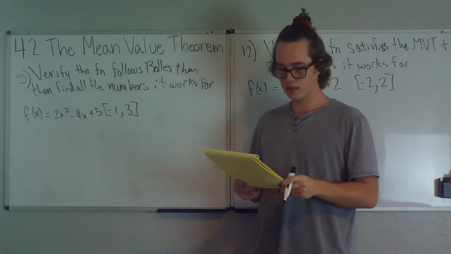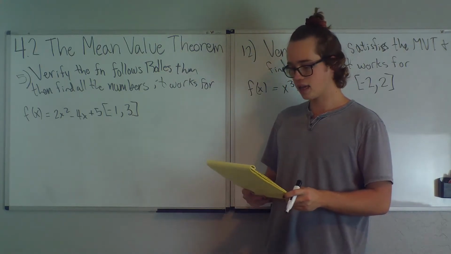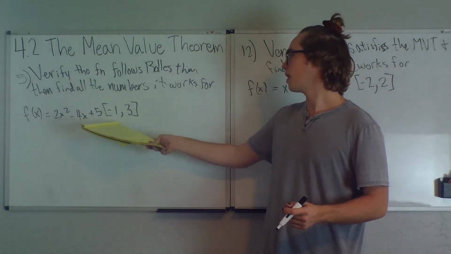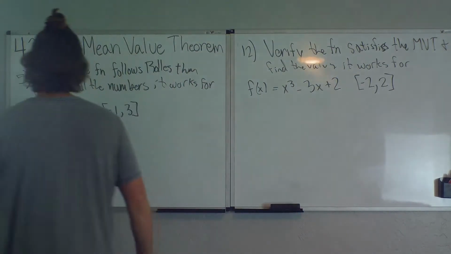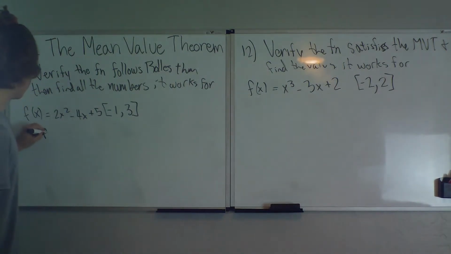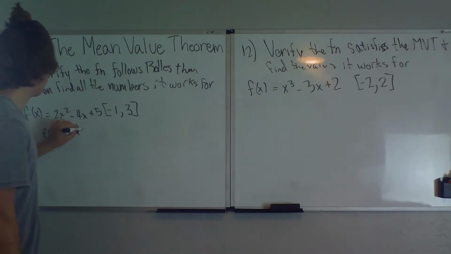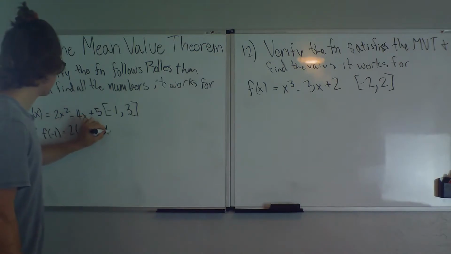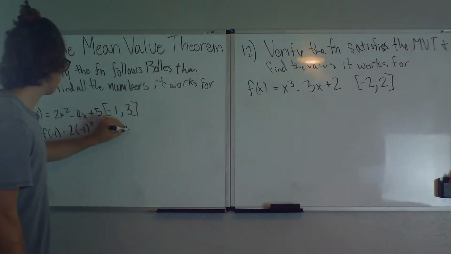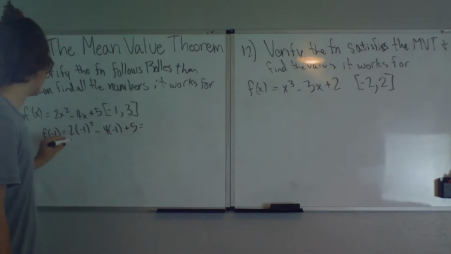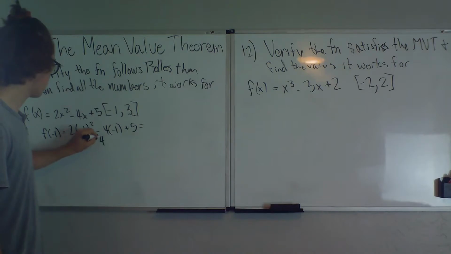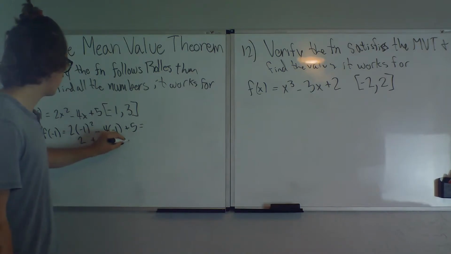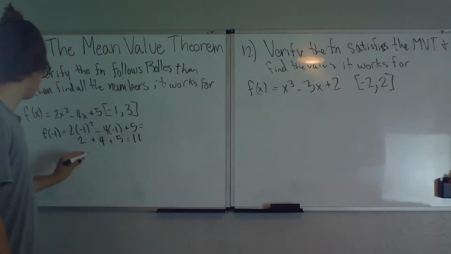And then finally, does f of a equal f of b? So f of negative 1 equals f of 3. Let's see. So f of negative 1 is equal to 2 times negative 1 squared minus 4 times negative 1 plus 5, and that is equal to 2 plus 4 plus 5, which is equal to 11, correct? Yes.